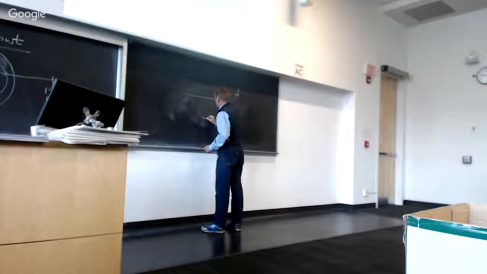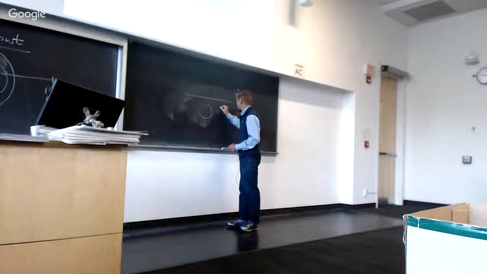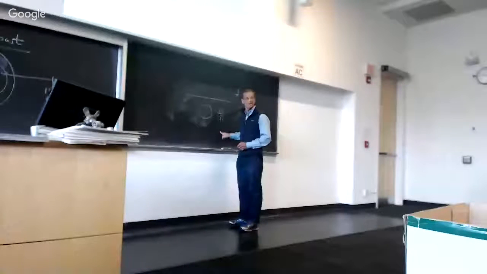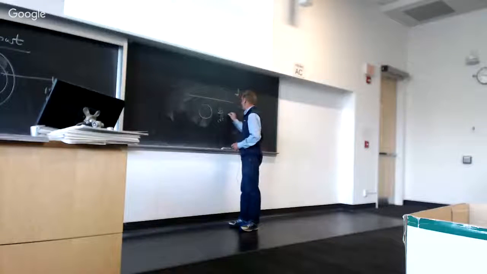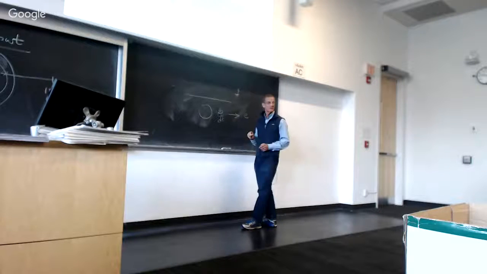If I've got some kind of a conductor in here, and I've got a magnetic field B that changes in time, then that change of the magnetic field with time gives rise to an electric field that I'm going to measure here.